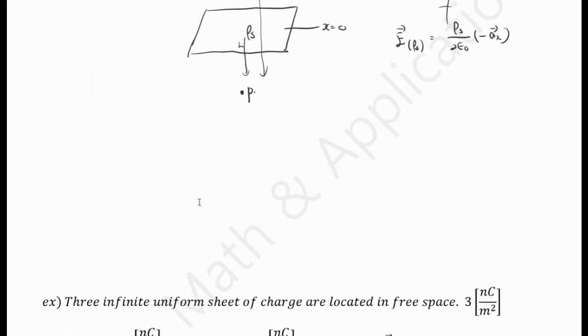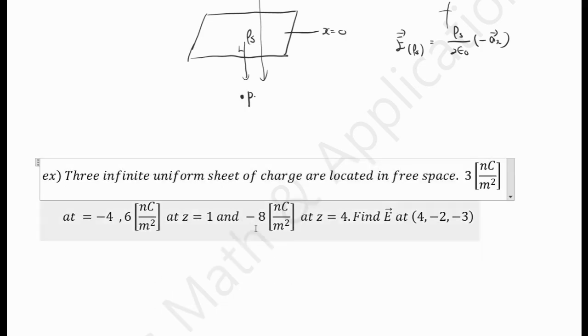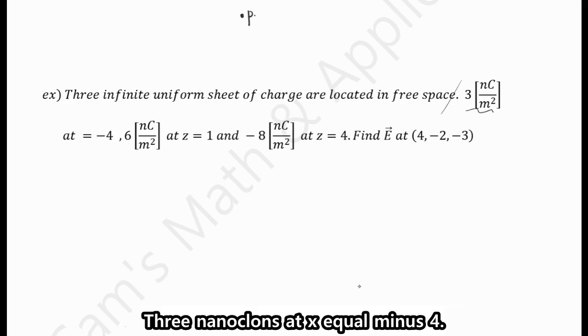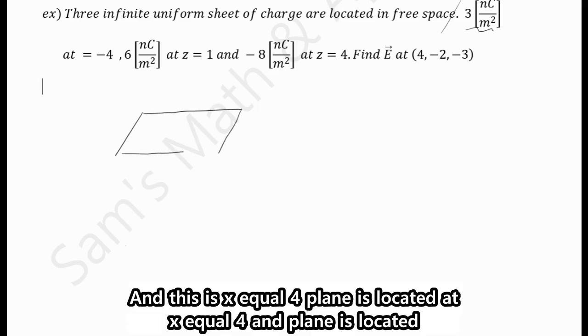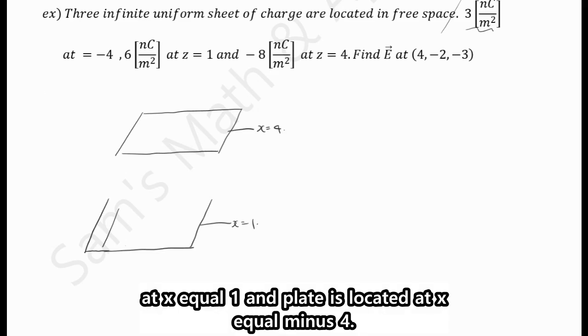We take an example. We have 3 infinite uniform sheets located in free space. 3 nanocoulomb at x equal minus 4.